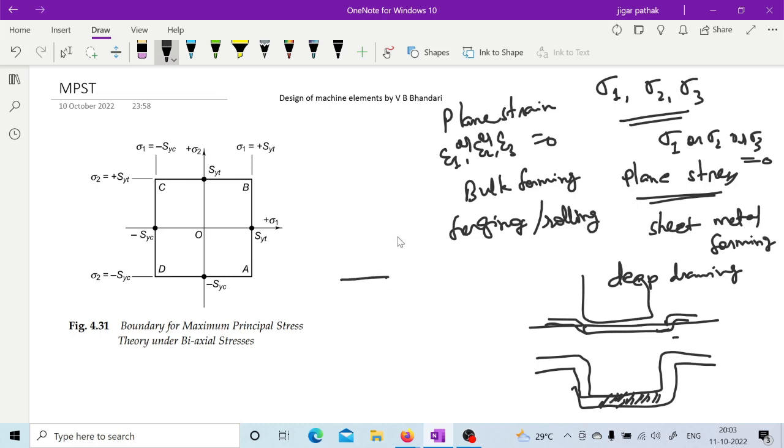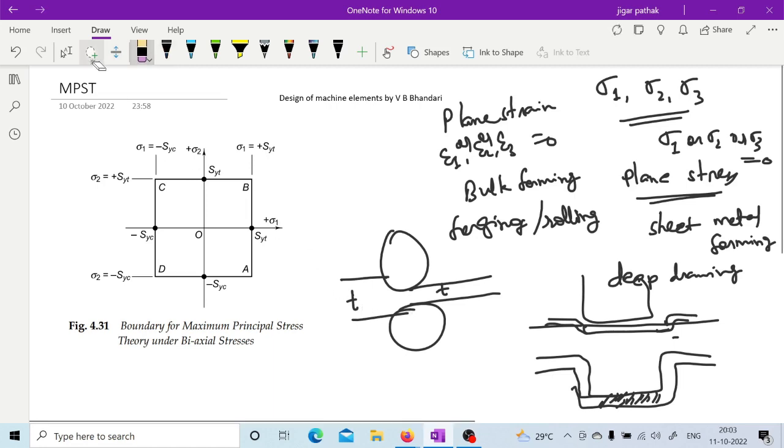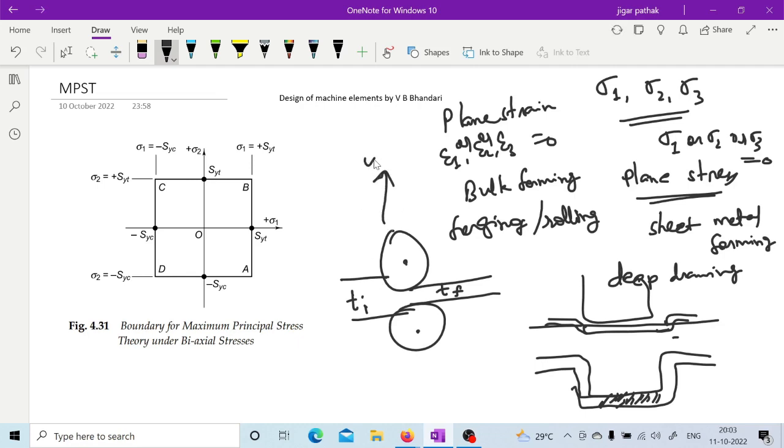In rolling, if you remember, you have heavy rollers and the sheet thickness is reduced from initial to final. So you will have strain in both directions in this plane, but along the third direction, along the width which is perpendicular to the plane of the screen, that strain will almost be 0. That is why it is known as the plane strain condition.